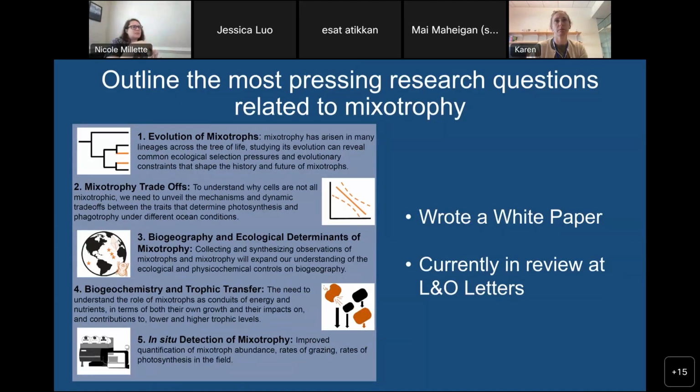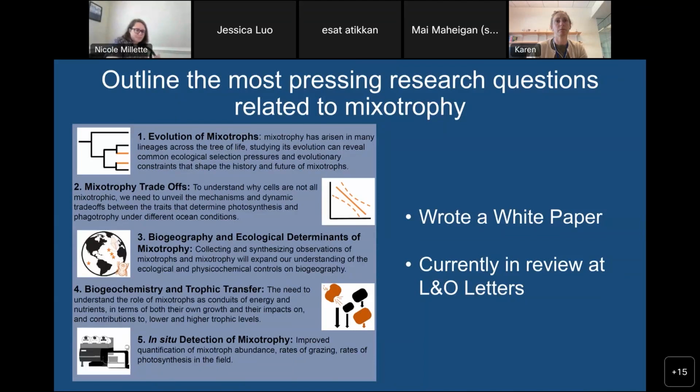And so it's kind of evolved multiple times over, and by looking at the evolution of these mixotrophs, we're hoping to understand common ecological pressures that selected for mixotrophy. Helping to understand the past and the long history of mixotrophs could help us better understand the future of mixotrophs and the trophic mode of mixotrophy.